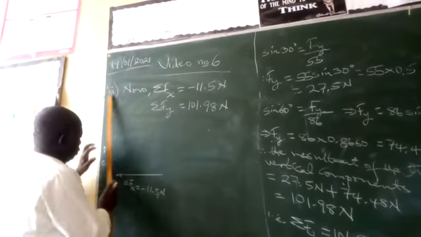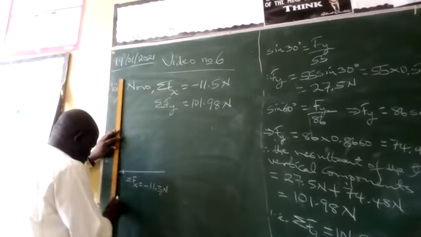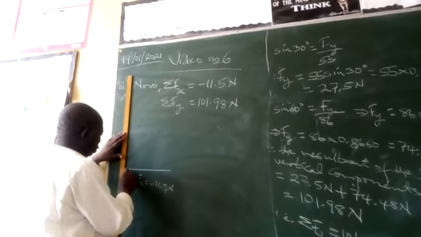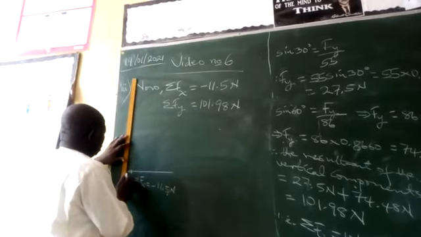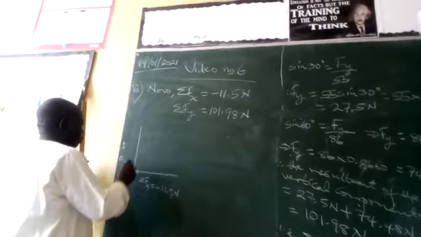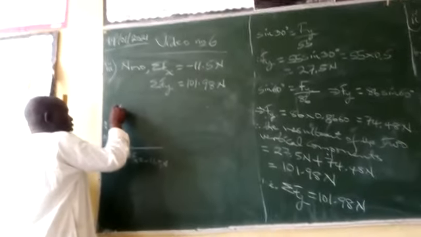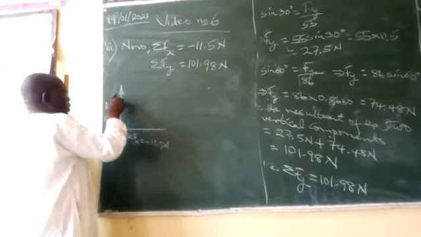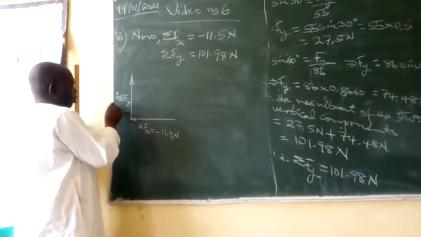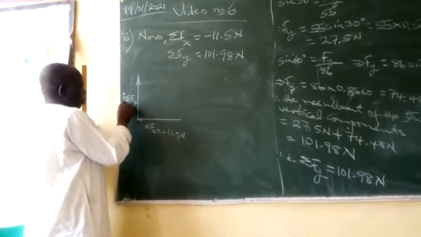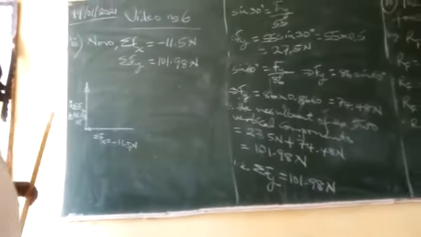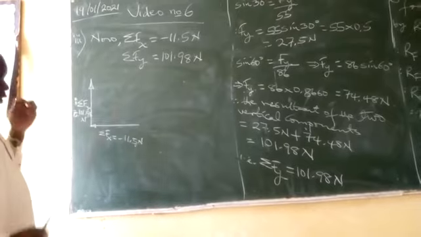Since it is positive, we draw it vertically upwards, using the sign convention. So that is summation f sub y, equal to 101.98 newtons.